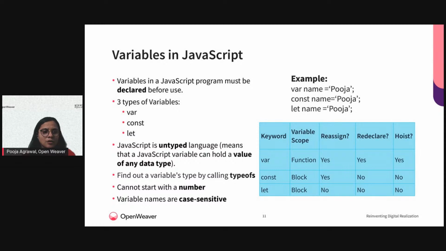But then you would want to understand how you define this. When you are using var as a keyword, it is restricted to a particular function. When you have defined it within a function body, it will be restricted to that function. When you're outside of a function, then that variable has a global scope.